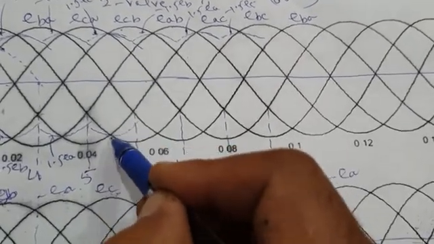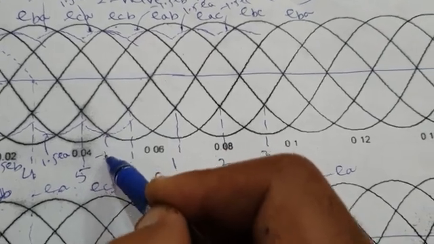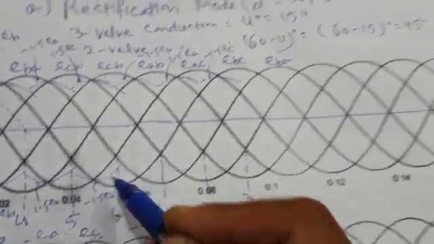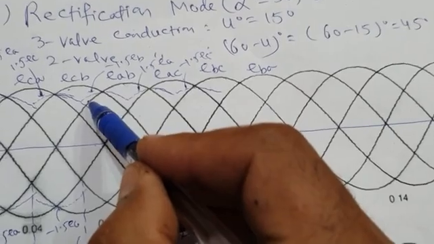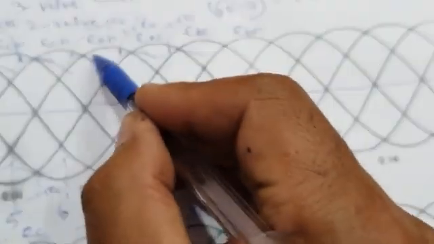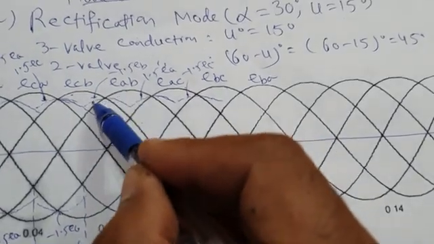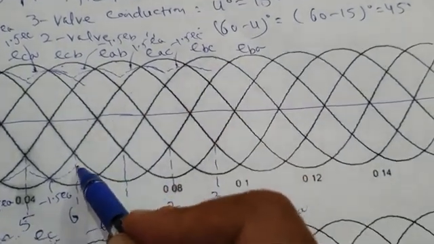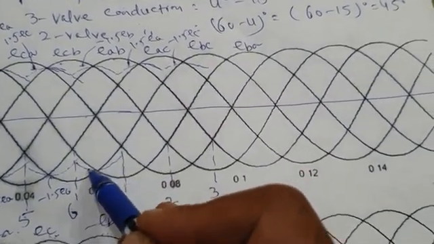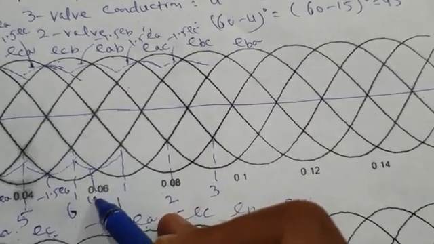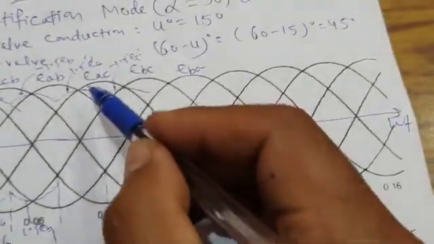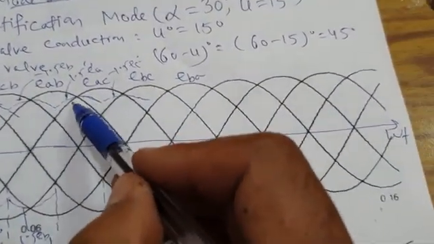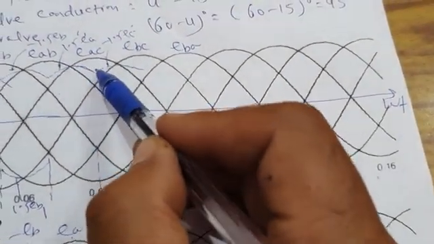Here I will write minus 1.5 EC. Similarly, this is minus 1.5 EB. This will be plus 1.5 EB. Similarly, this is plus 1.5 EA.